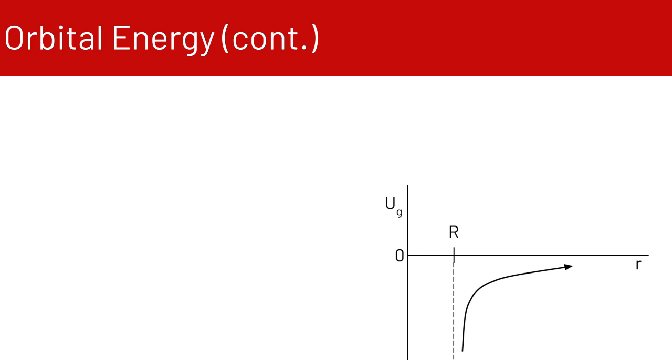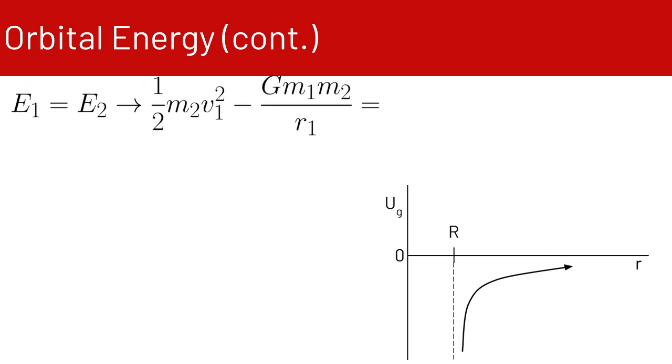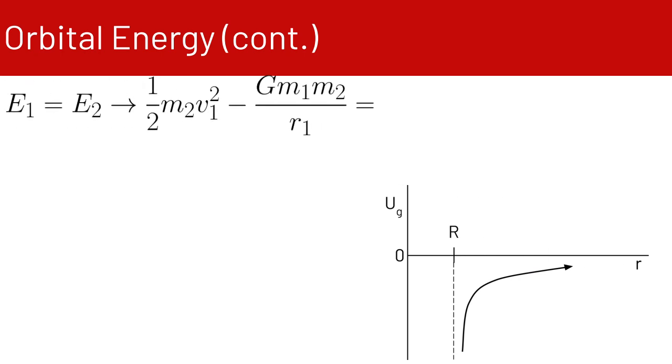Okay, so continuing with orbital energy. According to the conservation of energy, we have E1, that's the total energy before, is equal to E2, which is the total energy after.